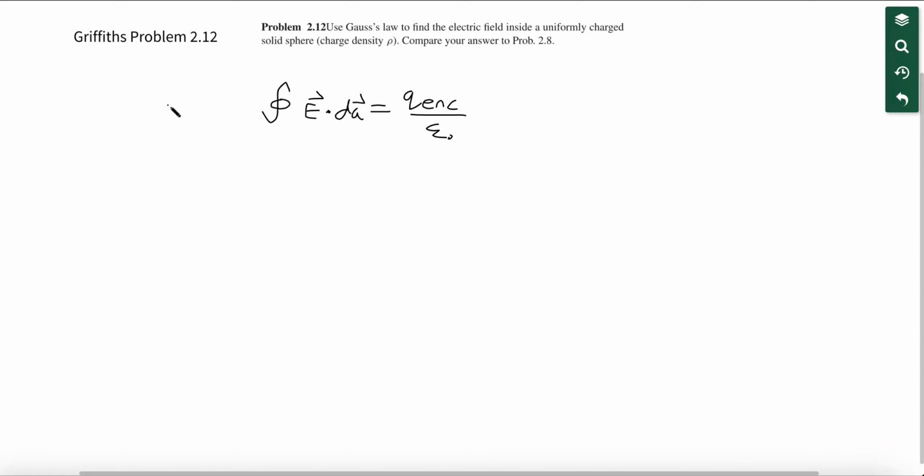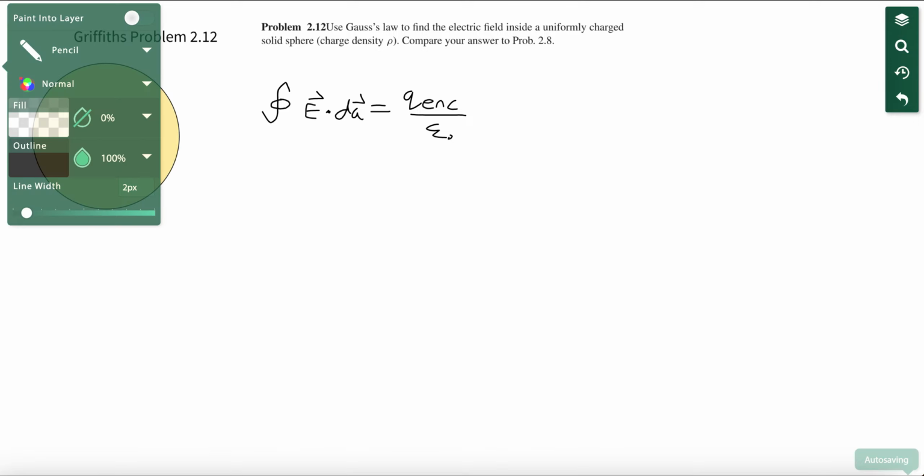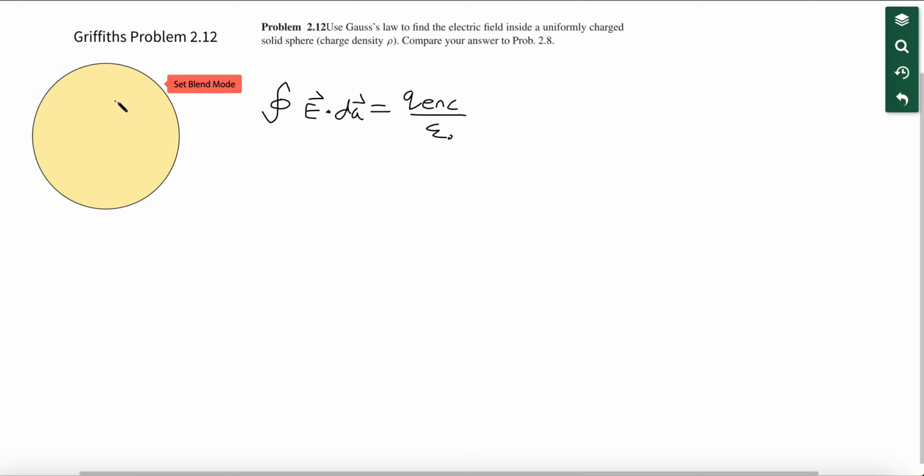And to get a better picture of what we're going to be doing, I'm going to draw out our uniformly charged solid sphere, and I'm going to draw our little Gaussian surface. Our solid sphere is going to have radius big R, while our Gaussian surface is going to have radius little r.